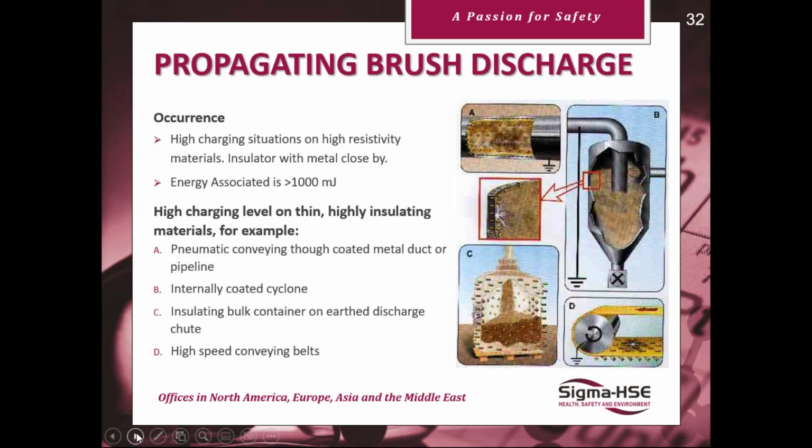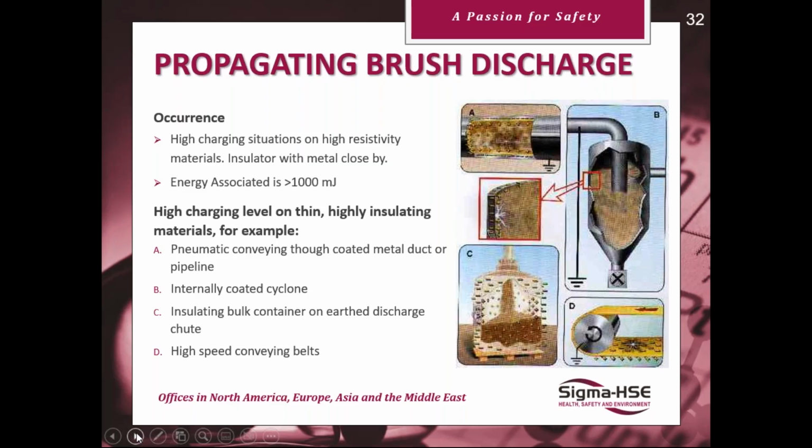Propagating brush discharges, the big ones, occur in high charging situations on high resistivity material, an insulator with a metal substrate very close by. Energy can be greater than a joule. So A, pneumatic conveying through a coated metal duct or pipeline.